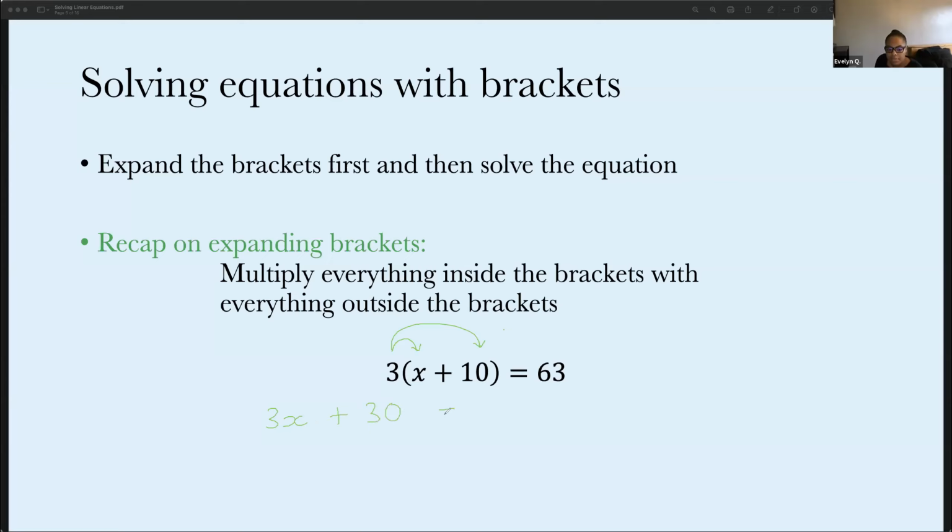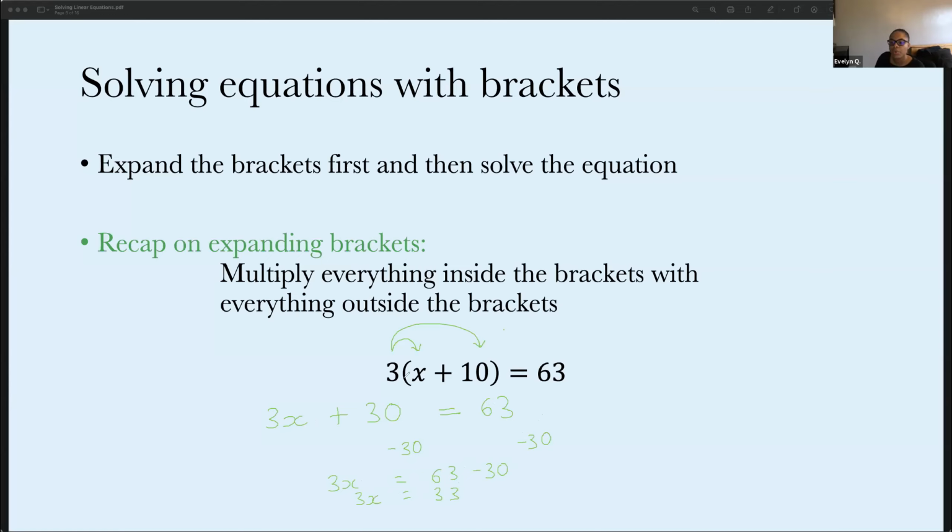So now we've expanded the brackets, the right-hand side is exactly the same. And now it looks just like the equations that we've been solving. So I'm going to subtract both sides by 30 to get rid of that 30. So I've got 3x equals 63 minus 30, which equals 33. So 3x equals 33.